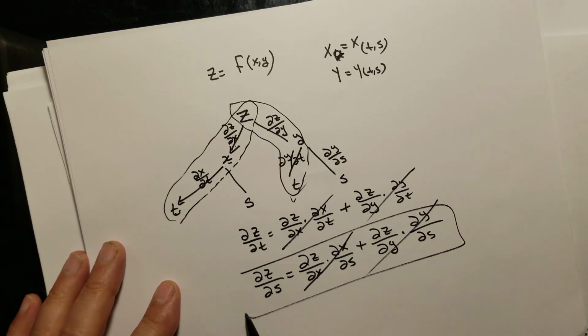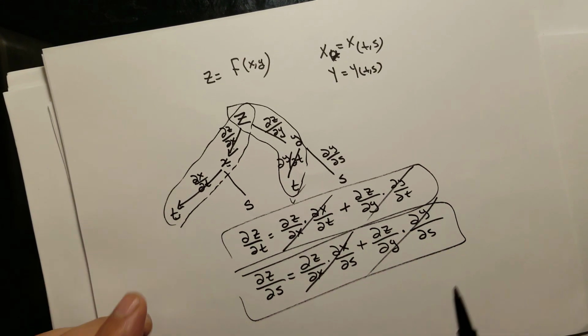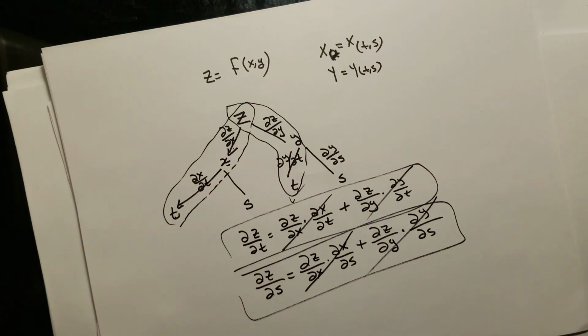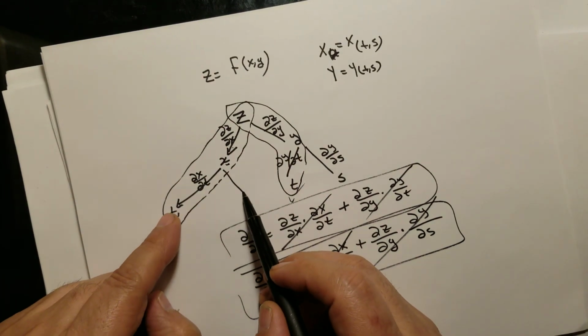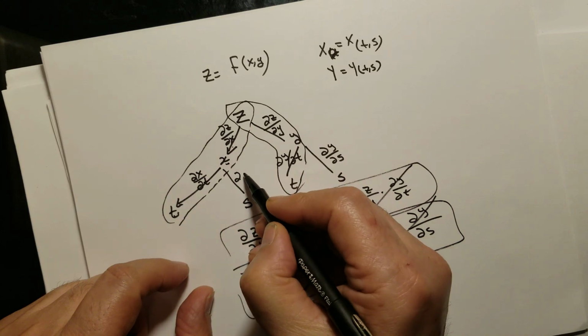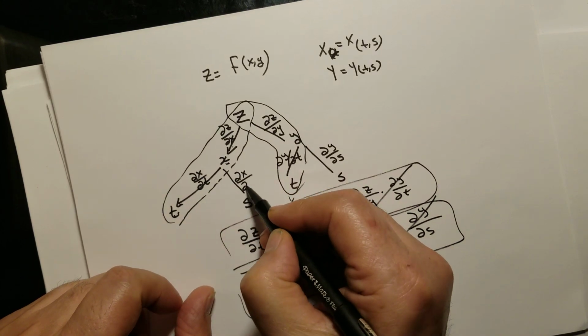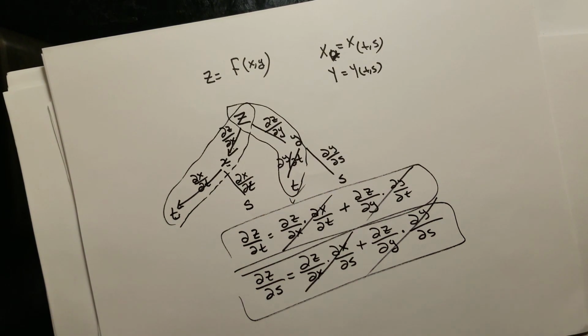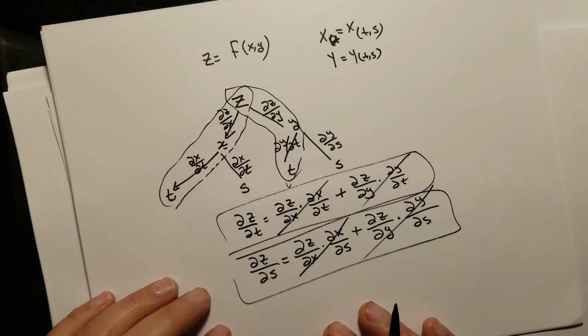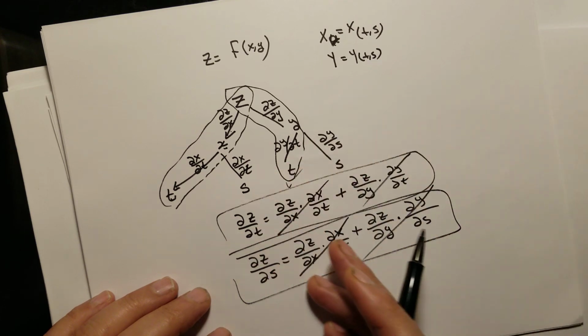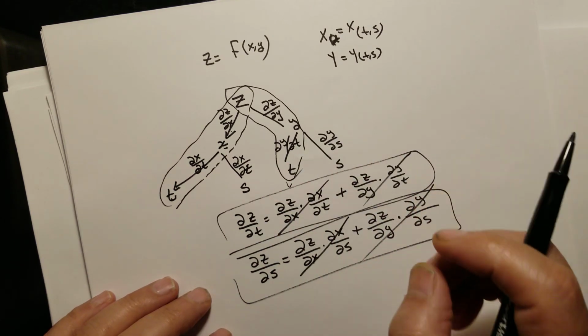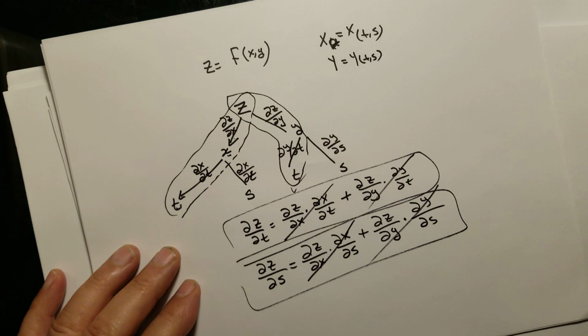Therefore, you always have to remember that when your variable branches off to more than one variable, you always have to use partial derivatives, holding the other variables, it could be 1 or 2 or 3, constant. And that's how you take the derivative in multivariable calculus when you have the chain rule.